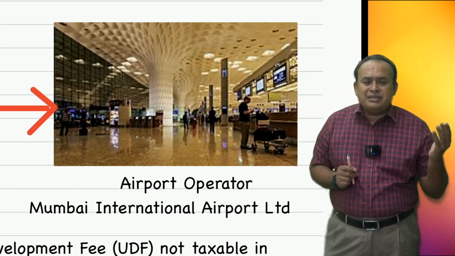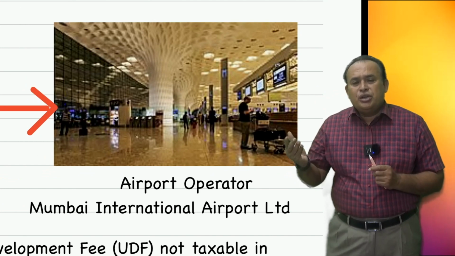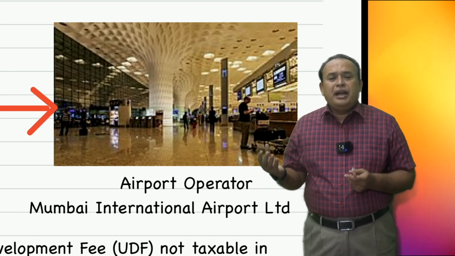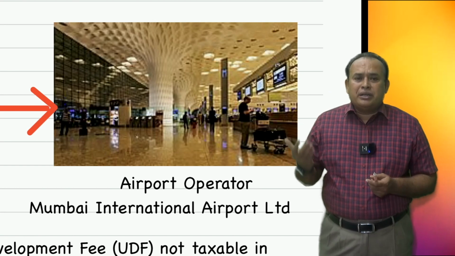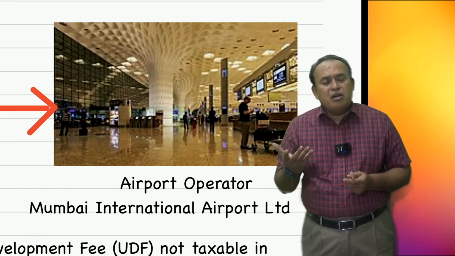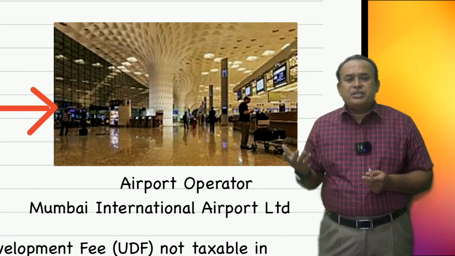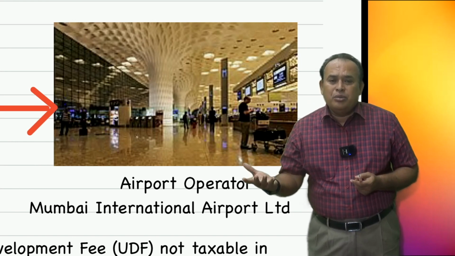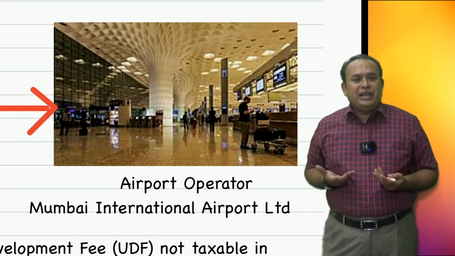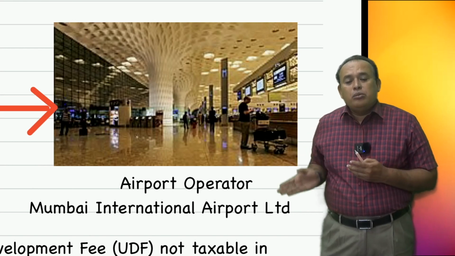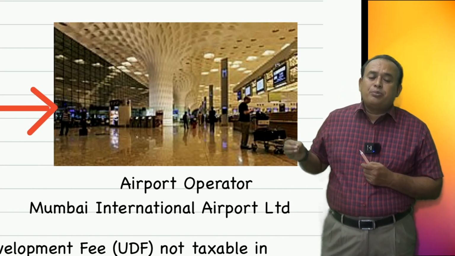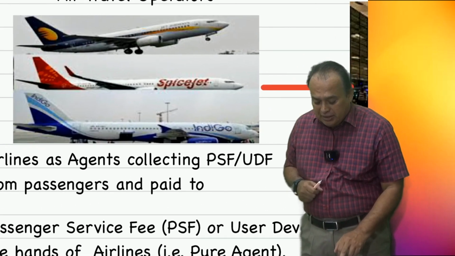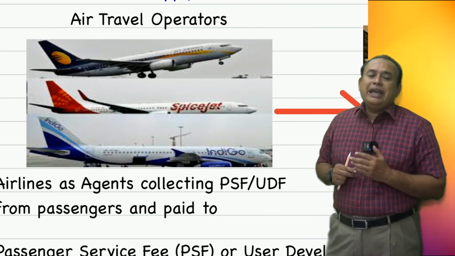When their passengers enter this airport, there is comfortable centralized AC seating, cold water, hot water, normal water, drinking water, and hygienic, high-grade sanitized restrooms available. This is all free. Who is providing this? The airport operator, Mumbai International Airport Limited. To whom? To the passengers of these air travel operators.